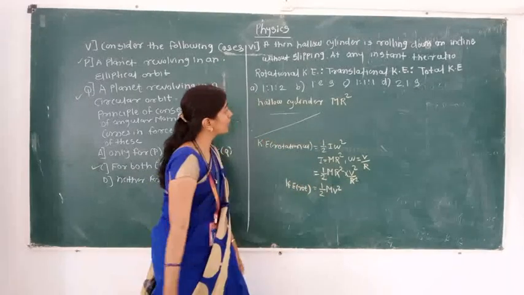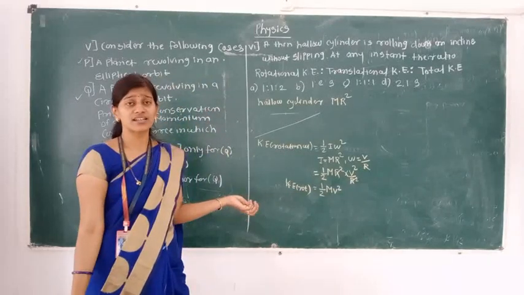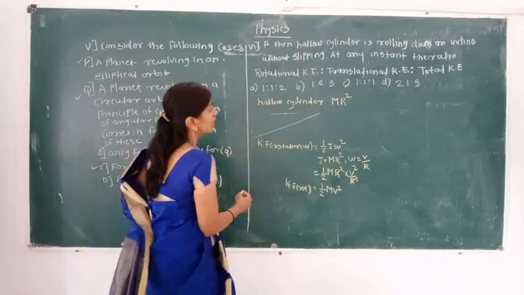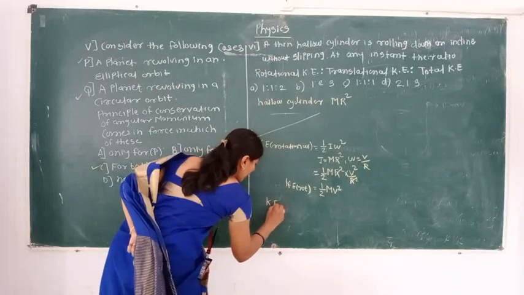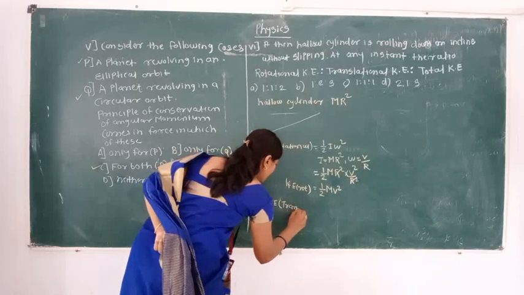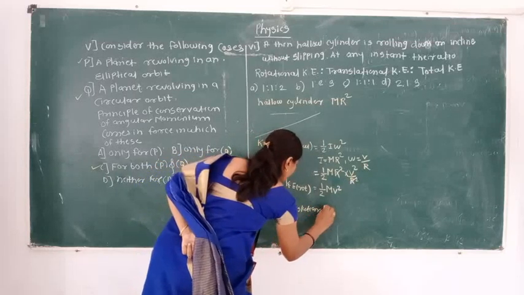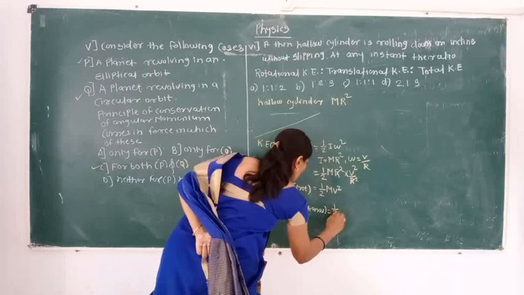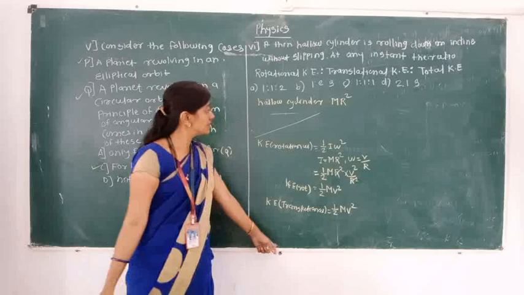Now we know the simple formula for kinetic energy in translational motion, otherwise translational kinetic energy. It is 1/2 m v square. This is the second one.